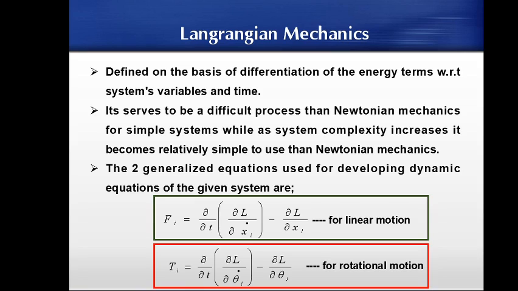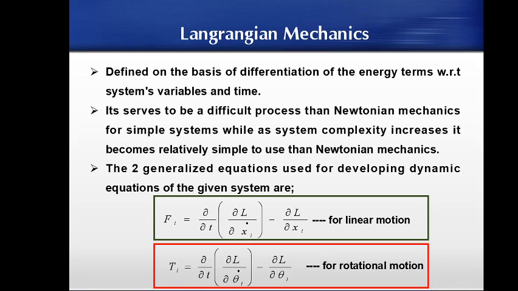So coming to the basic concepts of Lagrangian mechanics, as we said, it's based on the energy acting on the system. The set of dynamic equations derived using Lagrangian mechanics is based on the differentiation of the energy terms with respect to the system variables and time.